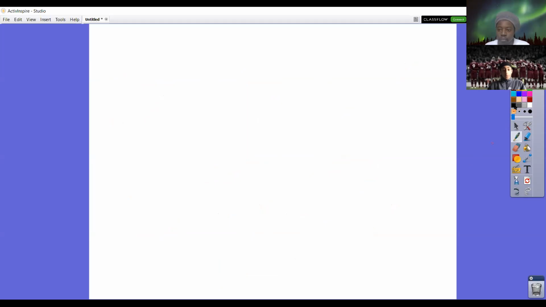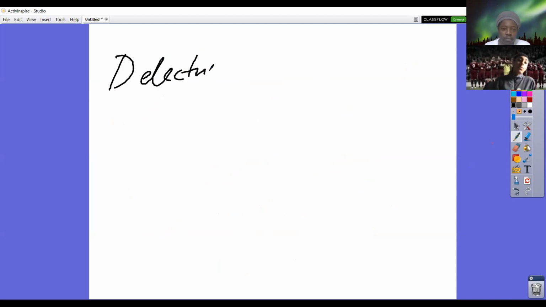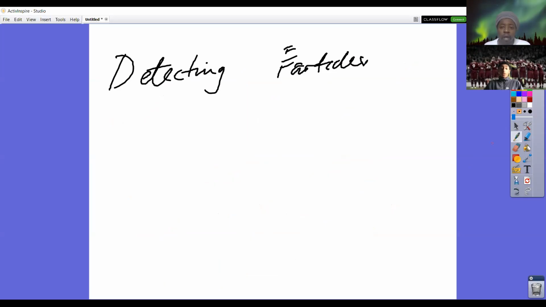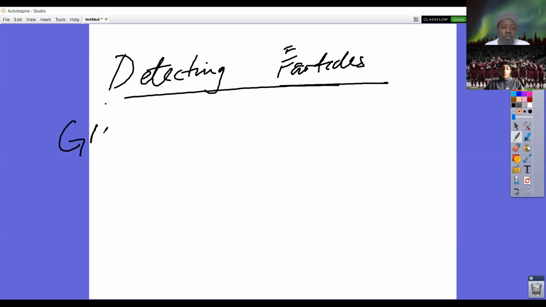Well, you can't really tell if an atom has lost an... yes, very hard to tell, you're right. So what we use is something known as a GM tube. Okay?